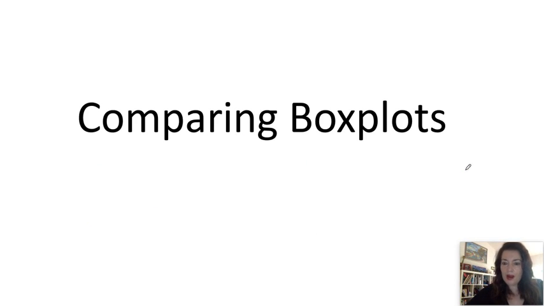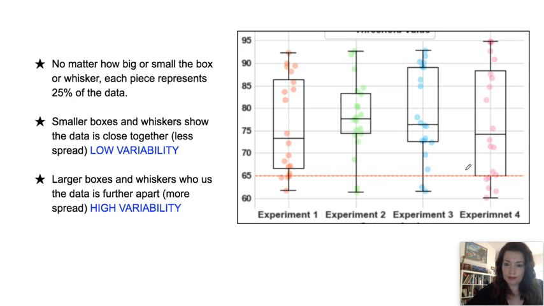How to compare more than one box plot. All right, so looking at these box plots side by side, it doesn't matter how small the box or whisker is. Each one represents 25%, as I stated before. So this is 25%. From your Q1 to your median, that's 25% here. And you can see for the second experiment too, this is also 25% right here.